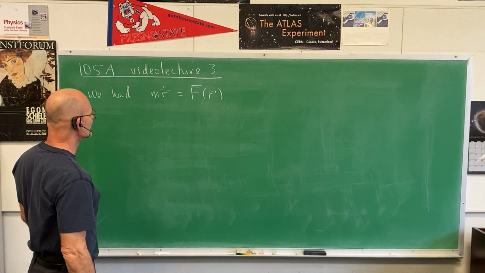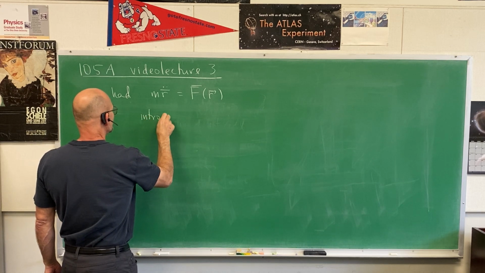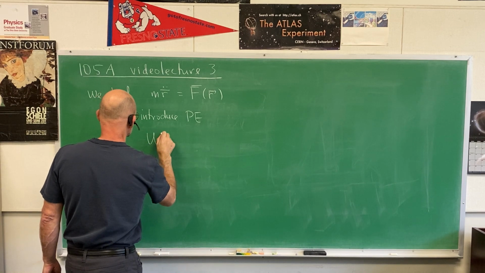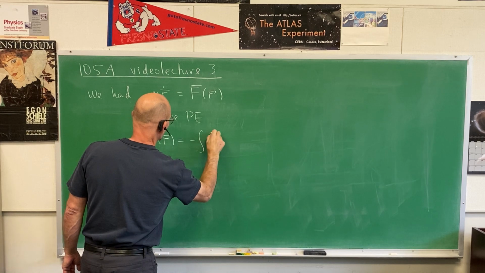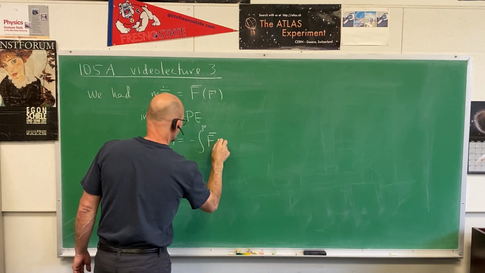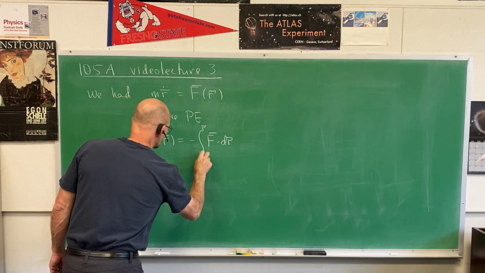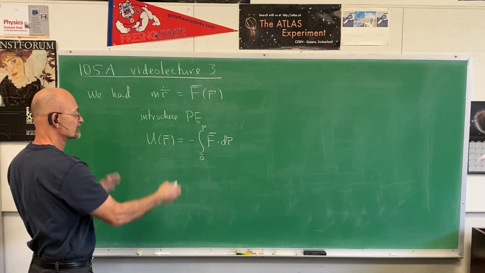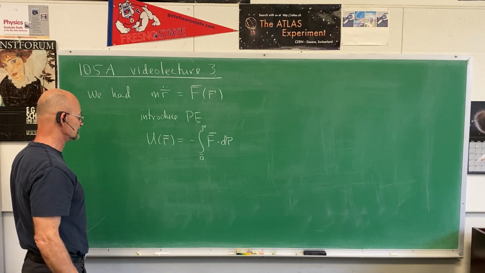In that case, we were led to introduce the potential energy U of r, minus the integral of F dot dr from some a to r. That's the compact form, but there's stuff going on in this integration that we had to investigate and started doing last time.